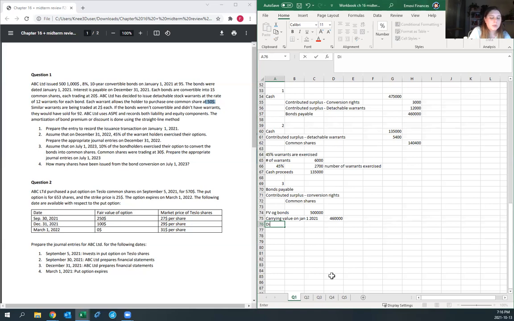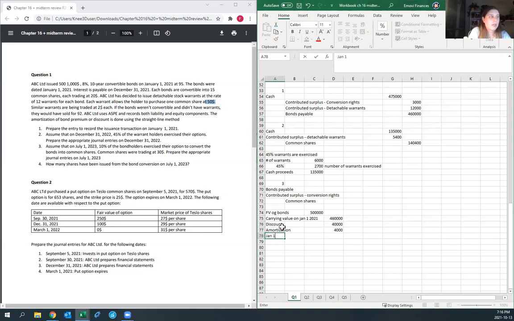So the difference between the two is the discount, which is 40,000. Then you divide that amount by the number of interest periods. In this case, it is a 10-year convertible bond, and interest is payable on December 31st, so they're only paying interest one time per year. So you're going to do 40,000 divided by 10 years. That's the amortization amount that you're going to increase your bonds payable by every year.